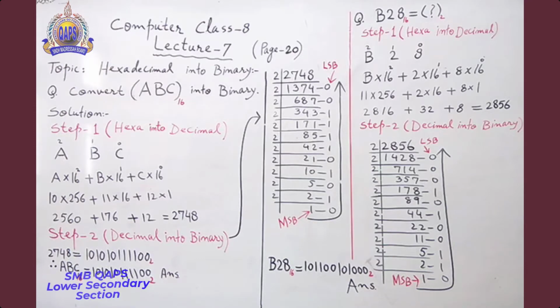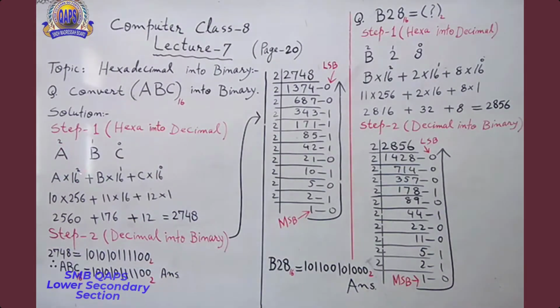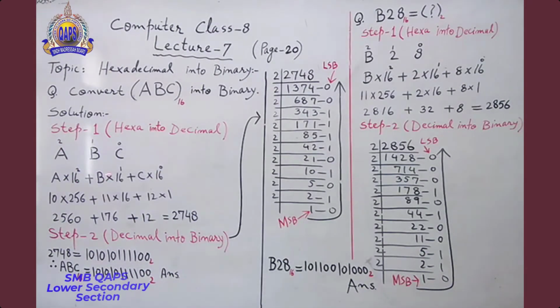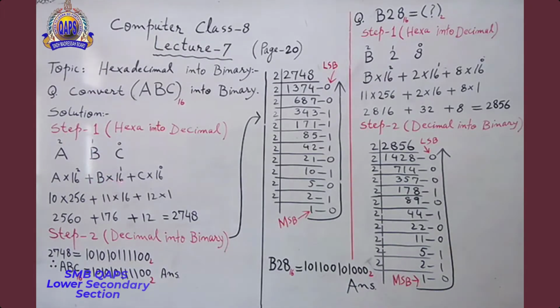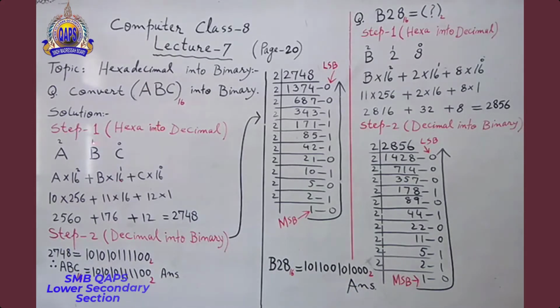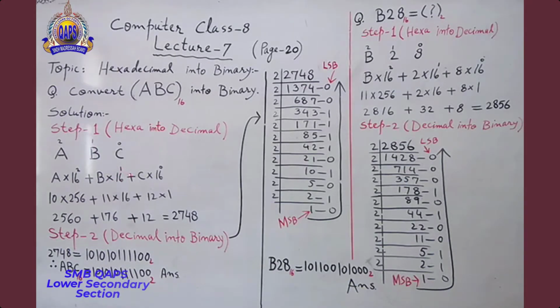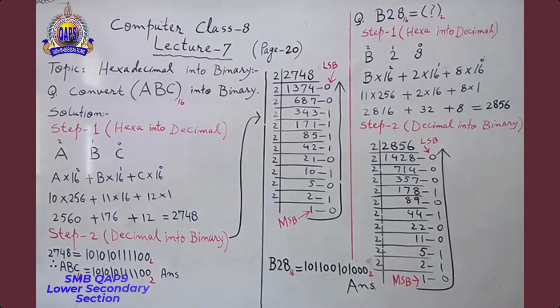So number 1, A multiply by 16 power 2 plus B multiply by 16 power 1 plus C multiply by 16 power 0.